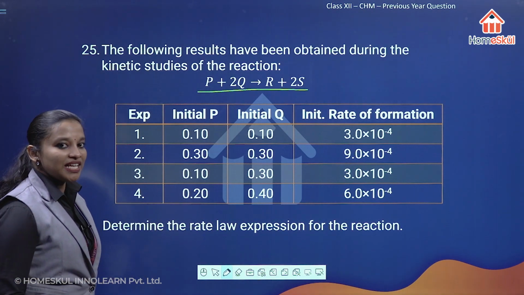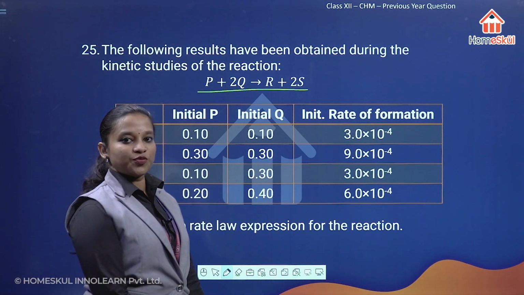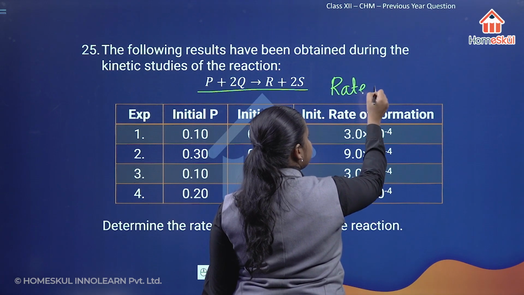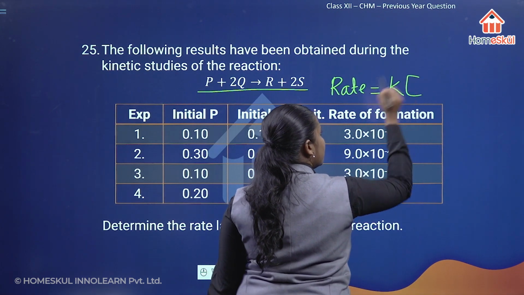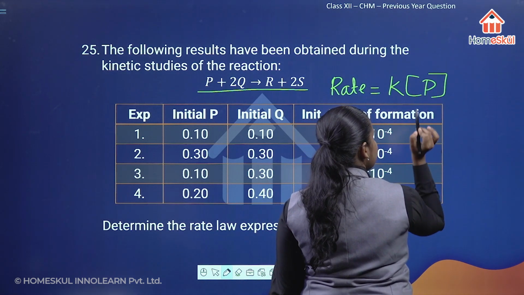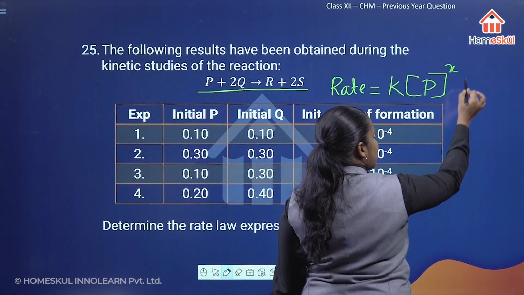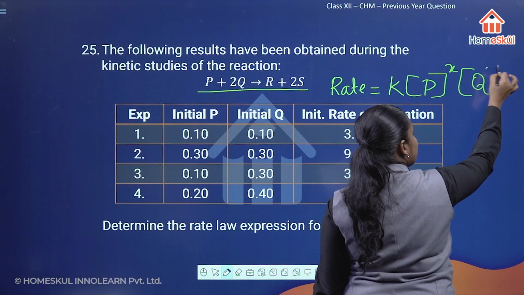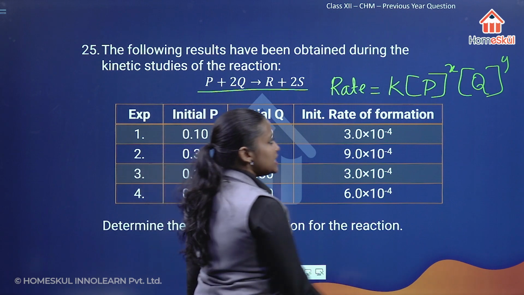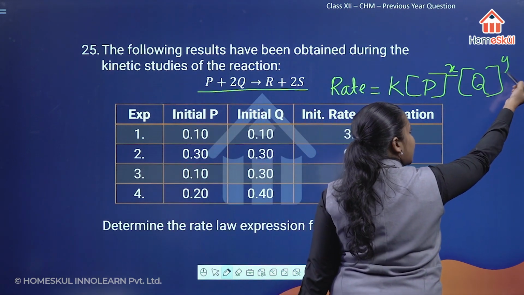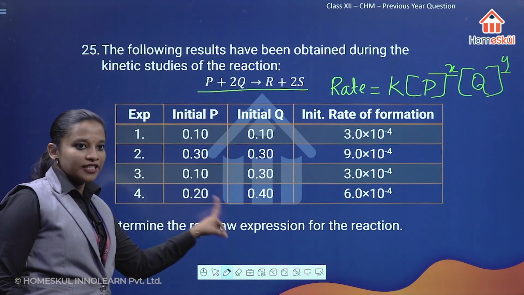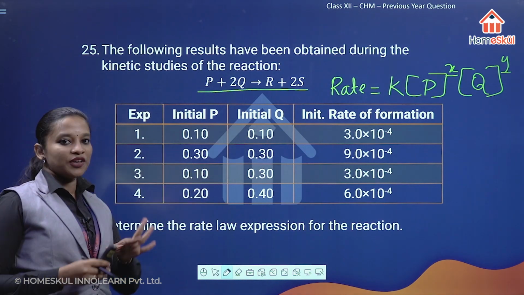We know that rate is equal to k into concentration of P raised to x and concentration of Q raised to y. We have to find these powers x and y using the information given in the table.